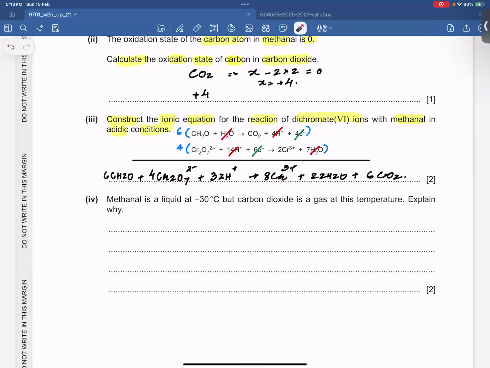Okay. Methanol is a liquid at minus 30 degrees Celsius, but carbon dioxide is a gas at this temperature. Explain why.